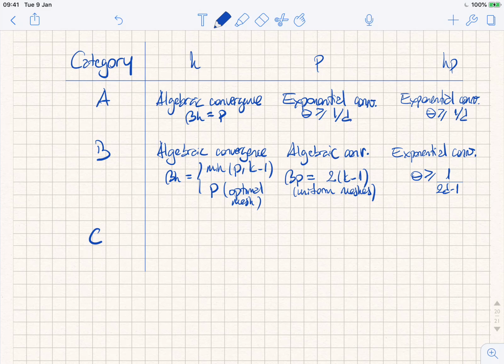Because now we're talking about problems that have very bad behavior at some portion of your domain, right? And well, you can still get some convergence. So what you can say is that h-FEM has algebraic convergence. And the only thing you can say about this problem is that beta h is just greater than 0.